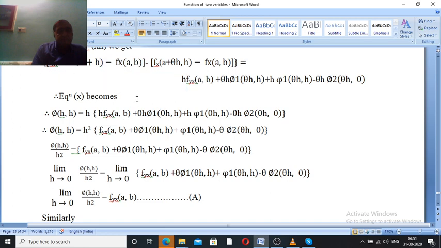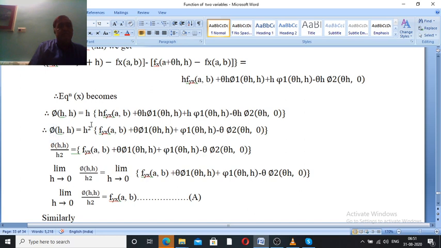This difference becomes h times h f_yx at point (a,b) plus θh φ1(θh, h) plus h ψ1(θh, h) minus θh φ2(θh, 0).